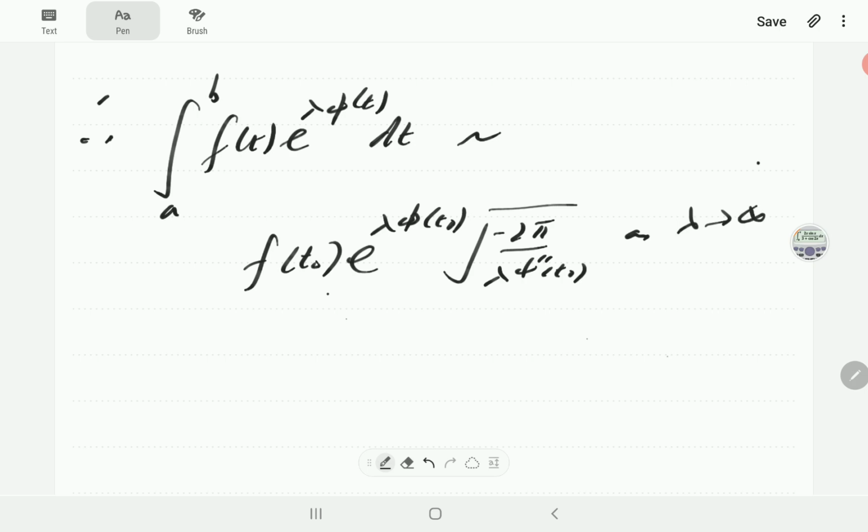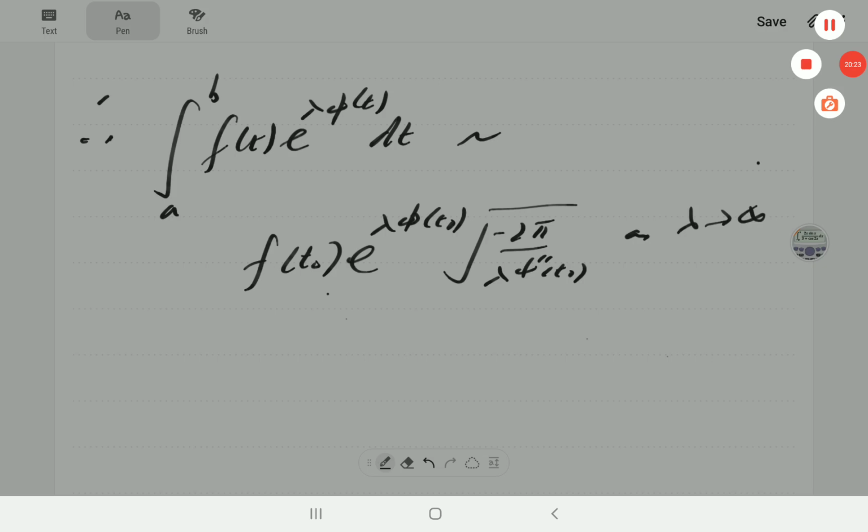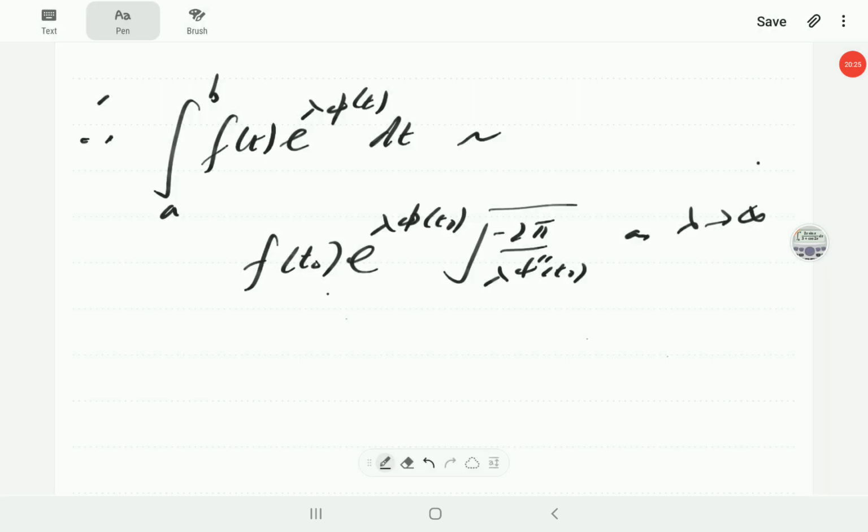All right, so that's the statement of Laplace's method for the case where the function phi has got a maximum at an interior point t naught.